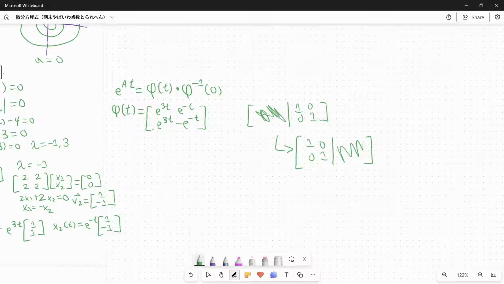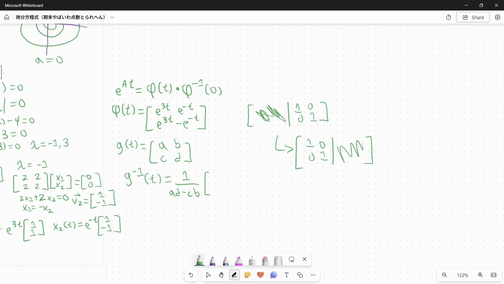And what that formula is, where let me use a different matrix. Let's just say g of t, and let's set that equal to a, b, c, and d. What the inverse of g of t is going to be, that's going to be equal to 1 over the determinant of g of t, so that's going to be ad minus cb, times its adjugate matrix.